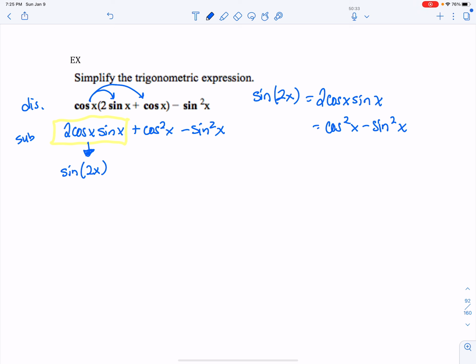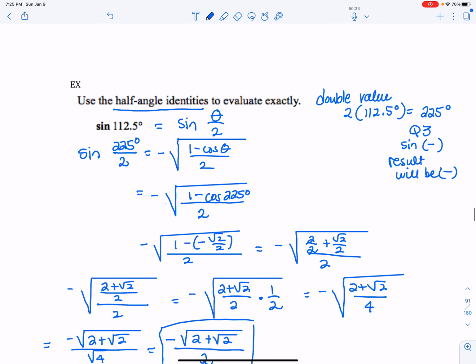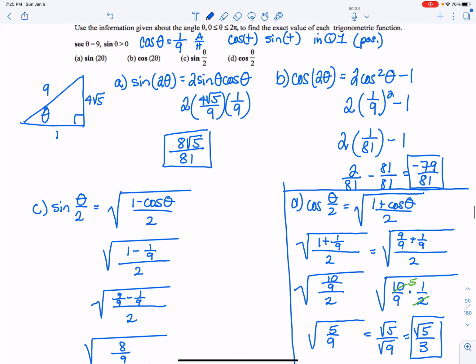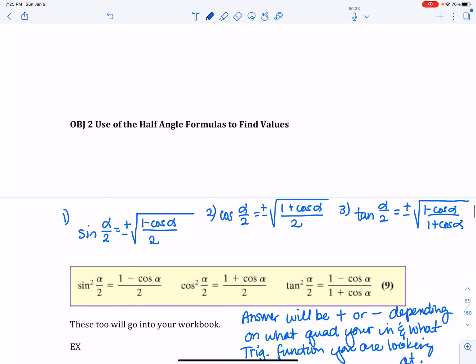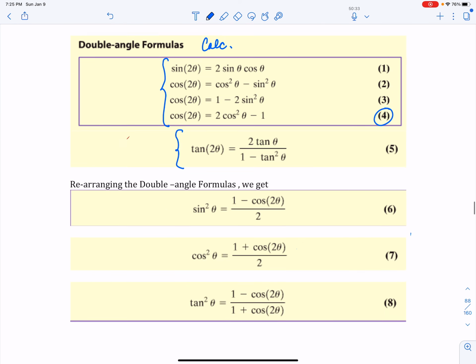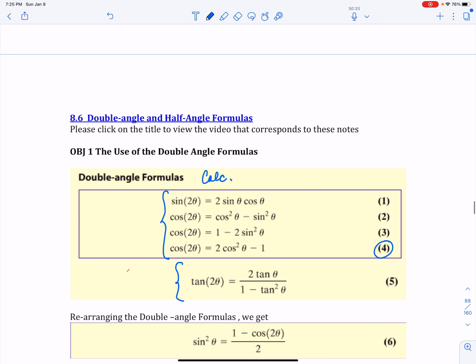Now, cosine squared x minus sine squared x is also a formula from this section, and we're going to find it. So if you look at the half angle formulas, which don't work, so you keep on moving up to the double angle formulas, and you'll see that we have, with example number 2, cosine squared theta minus sine squared theta equals cosine of the double angle.